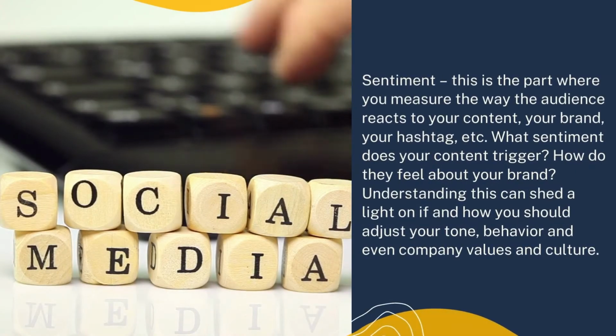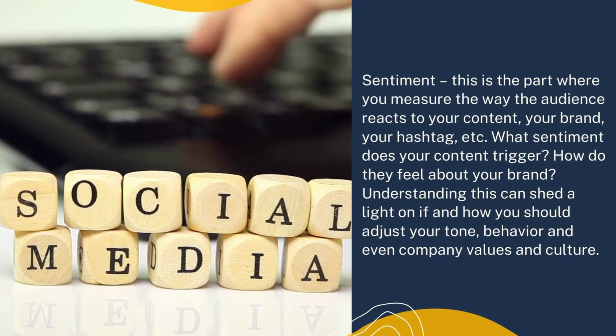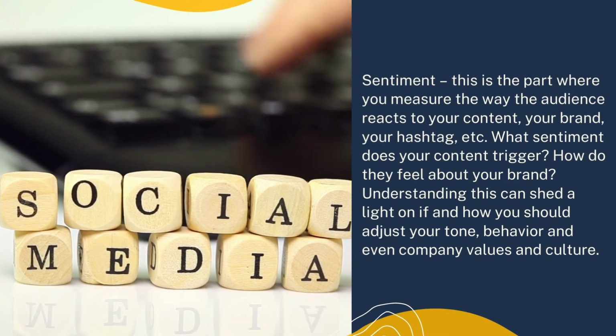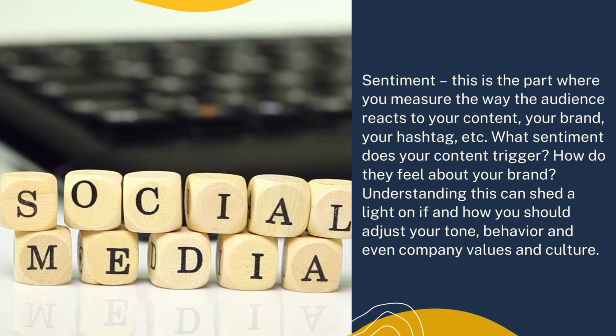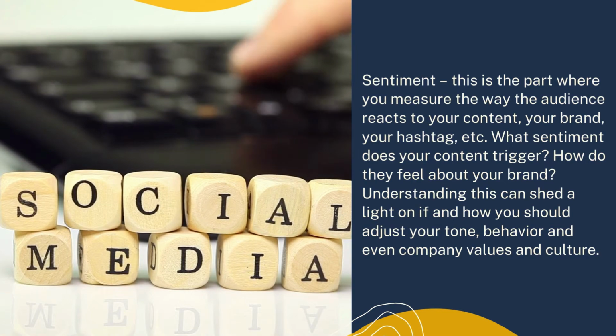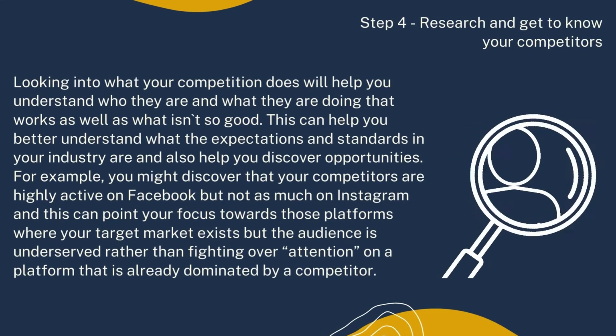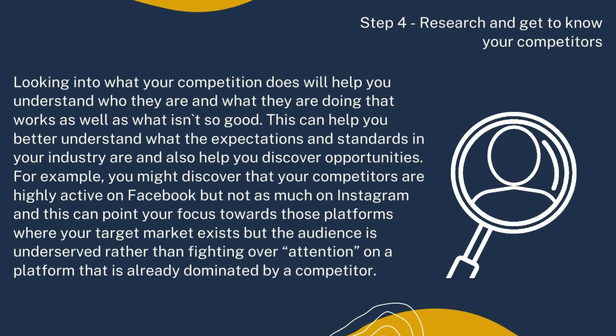Sentiment, this is the part where you measure the way the audience reacts to your content, your brand, your hashtag, etc. What sentiment does your content trigger? How do they feel about your brand? Understanding this can shed a light on if and how you should adjust your tone, behavior, and even company values and culture.